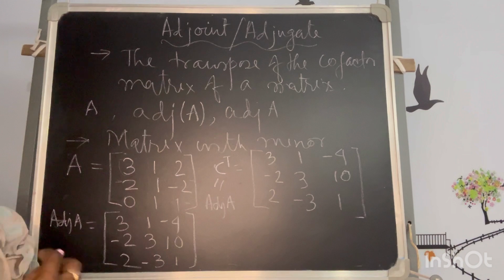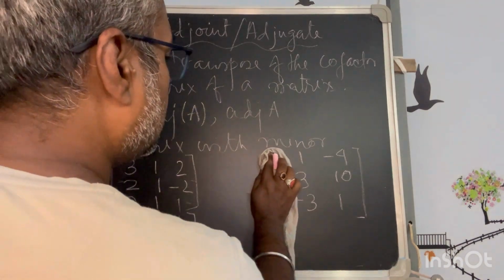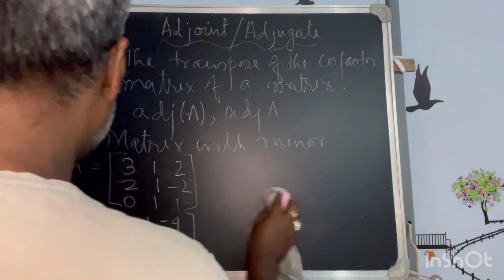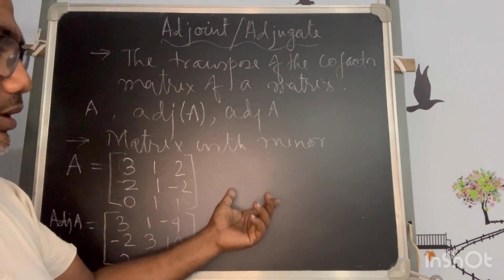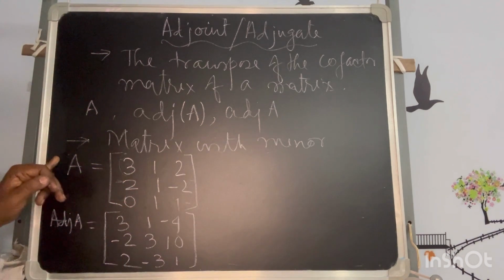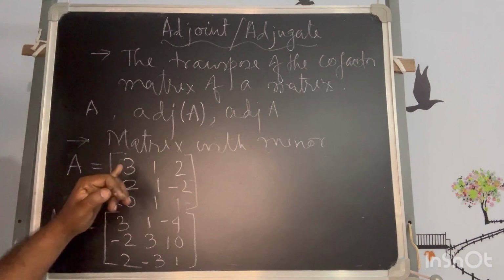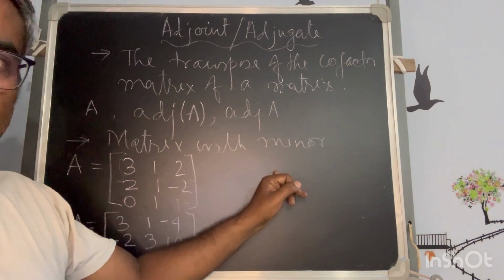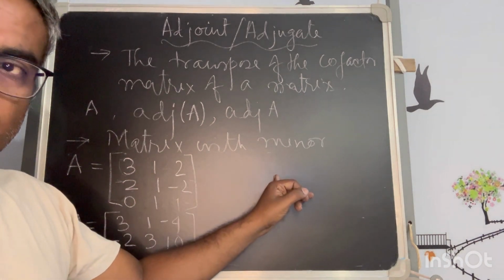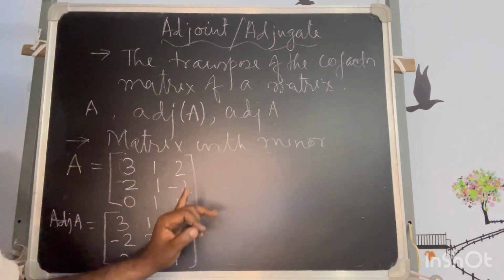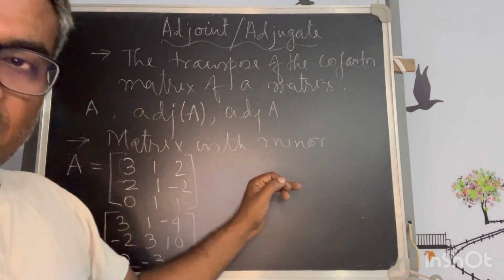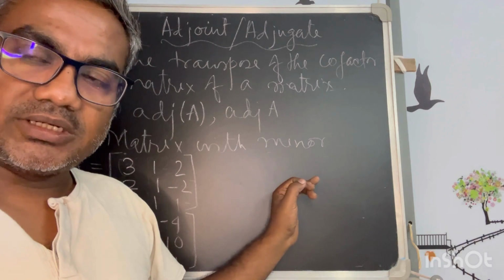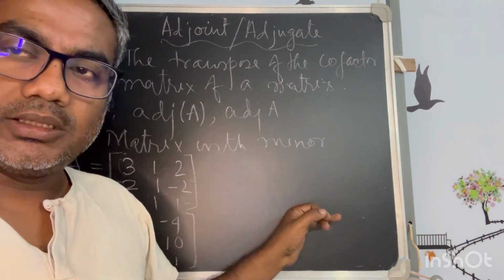Okay, so how do I find it? You have already seen, because I have done it step by step. What I did is I got a matrix. Initially I find a minor matrix with the minors of these elements. Then I imposed the sign effect on the matrix that is formed by the minors.